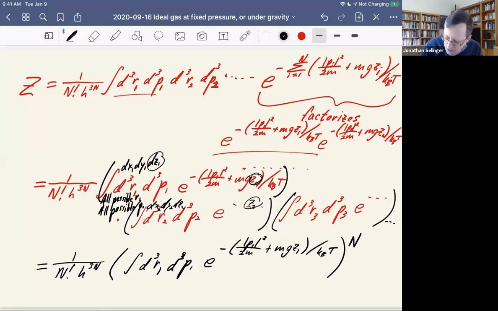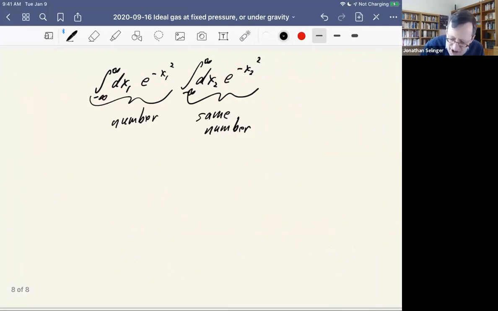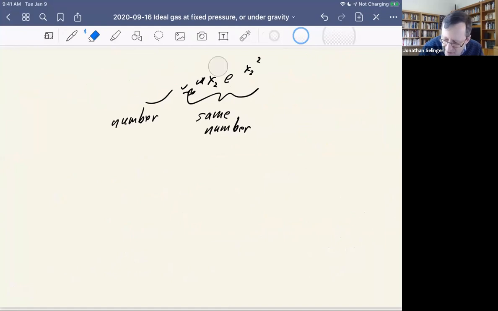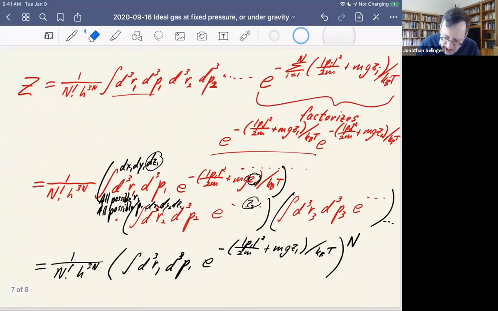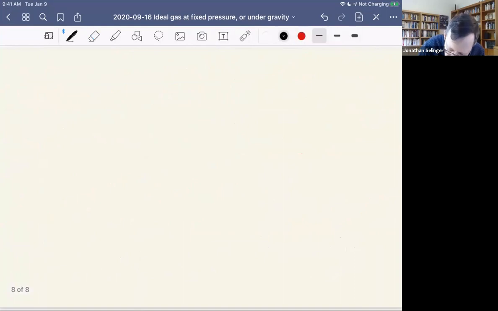Okay, so let me erase this stuff and write specifically what I mean here. This is an integral. So it's 1 over h to the 3n and n factorial.